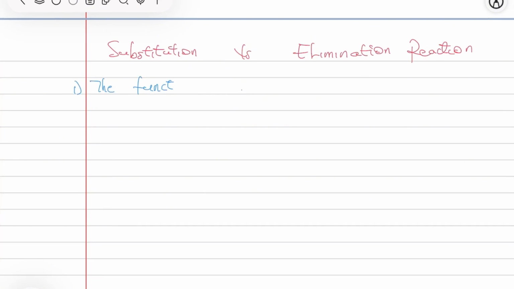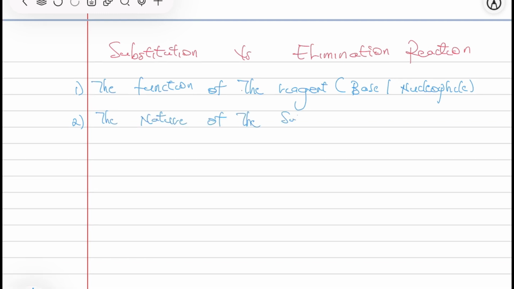There are three major factors that can predict the products that will be formed when an alkyl halide reacts with the reagent. One of the factors is the function of the reagent. Does the reagent that carries out this conversion function as a base or does it act as a nucleophile? Another important factor is the nature of the substrate.